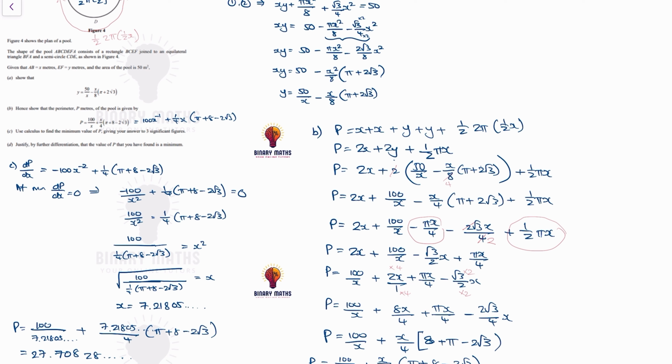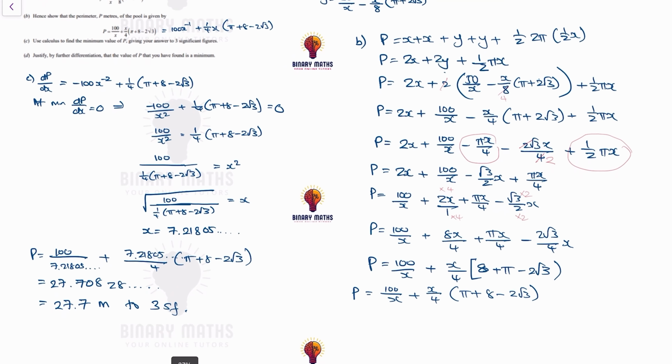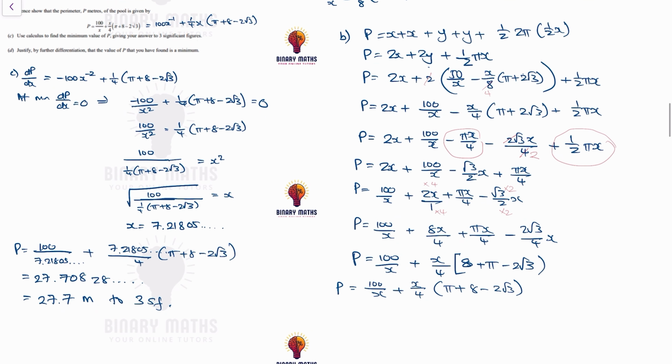Justify by further differentiation that the value of p that you have found is a minimum. So I need to differentiate again. So d squared p over dx squared is equal to minus becomes a positive, so it's positive actually, positive 200 x to the minus 3.